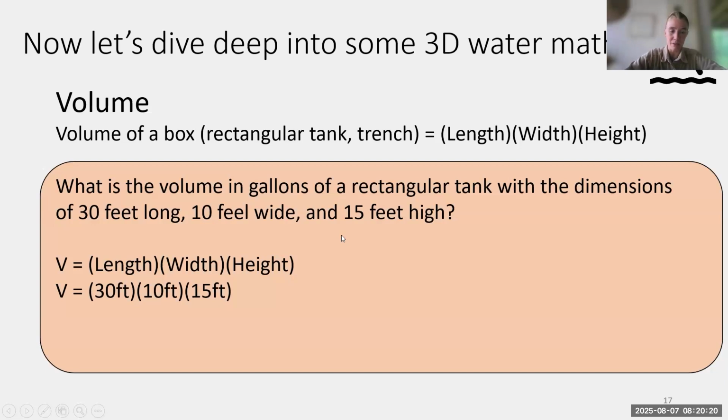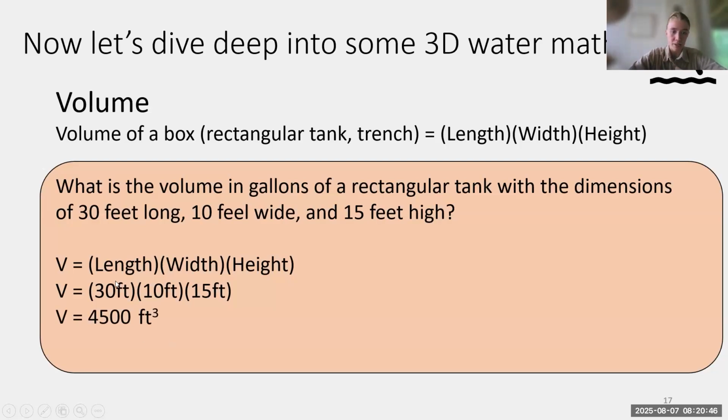So we're going to plug in 30 feet, which is the length, times the width, which is 10 feet, times the height, which is 15 feet. So our equation is 30 times 10 times 15, and then all those singular feet units get multiplied together, which gives us a final answer of 4,500 feet cubed.